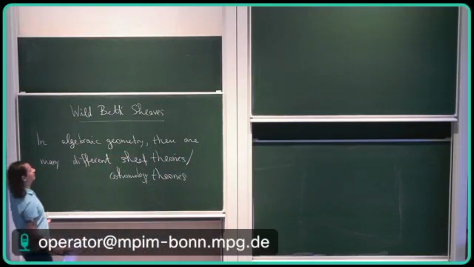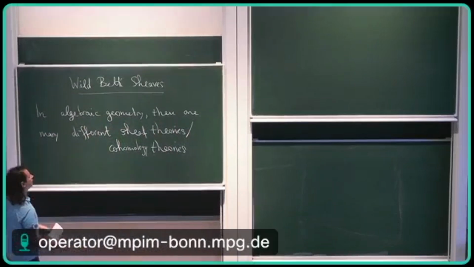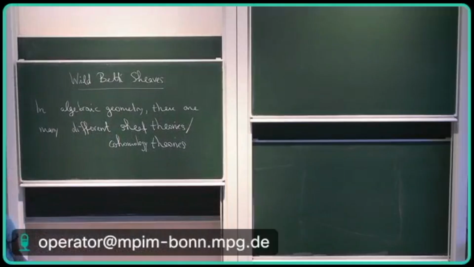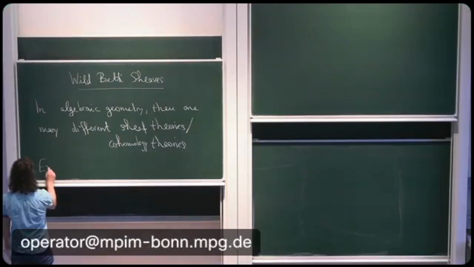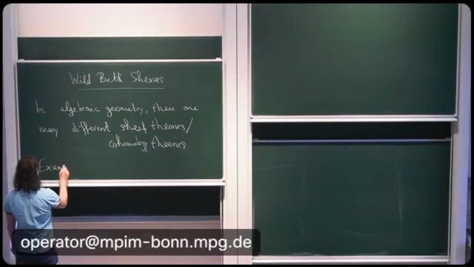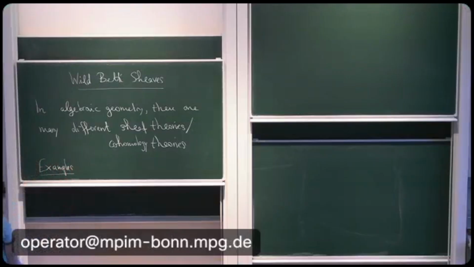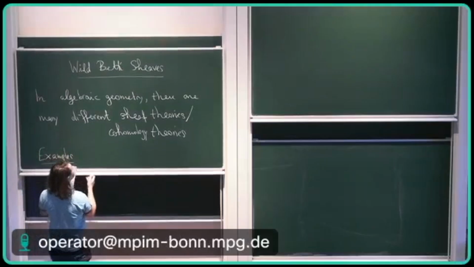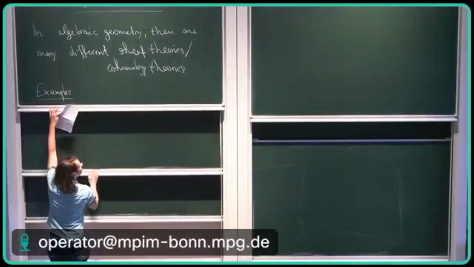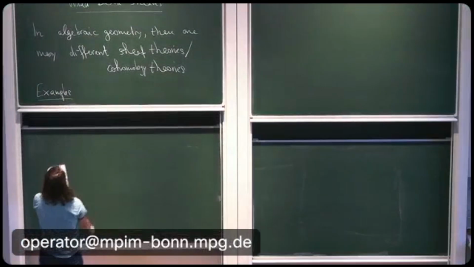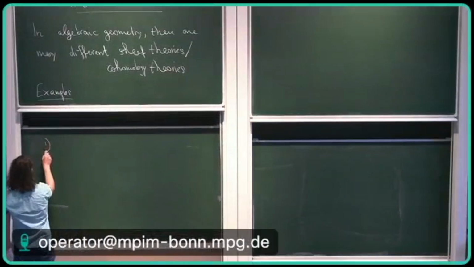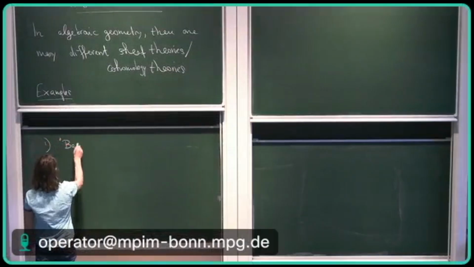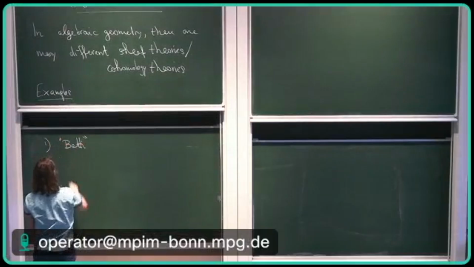But before explaining this asymmetry, let me recall some key examples. So one is what's usually called the Betti setting, and which is the one that I will focus on in this talk. It's probably the most classical setting.